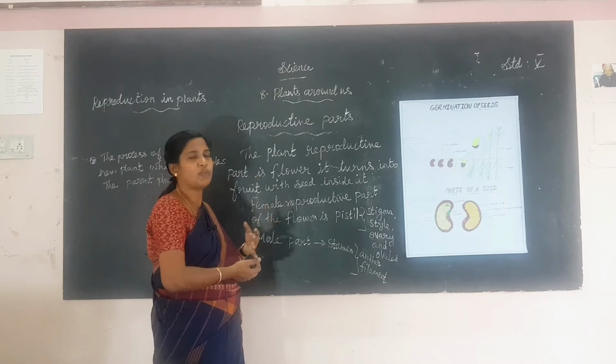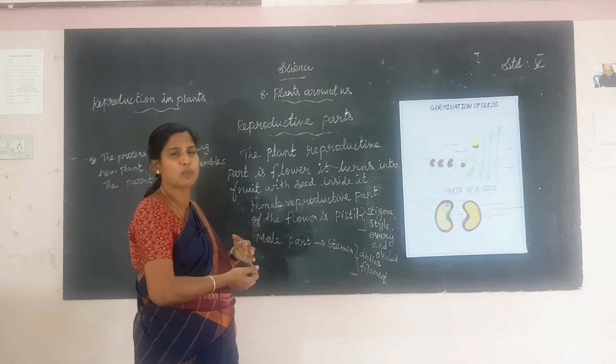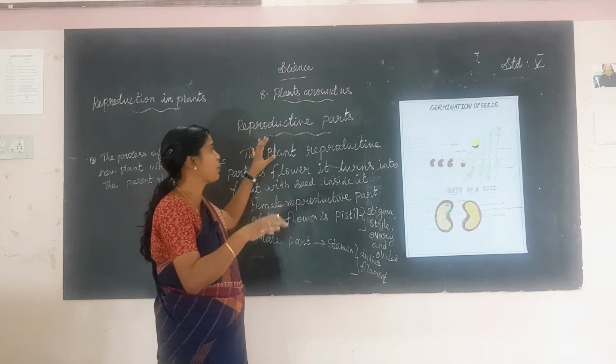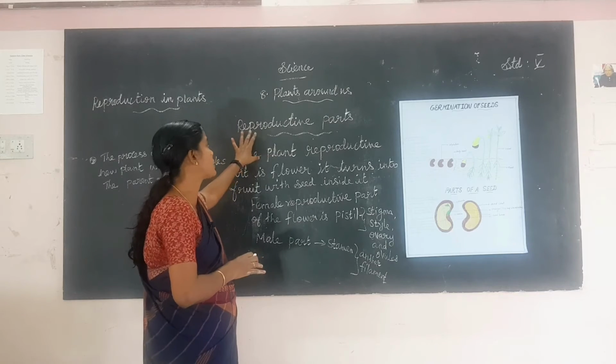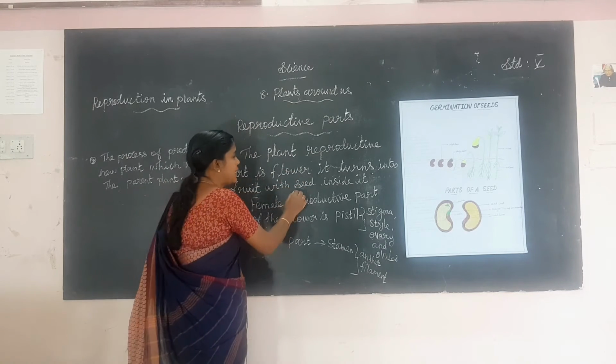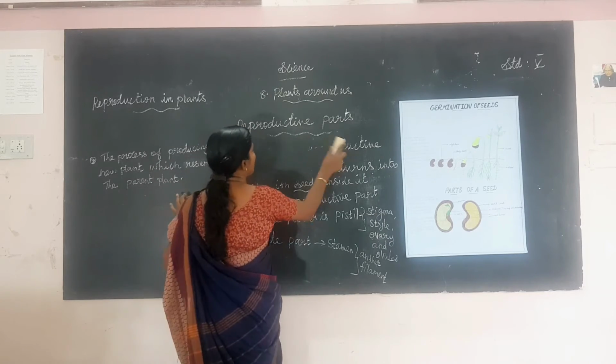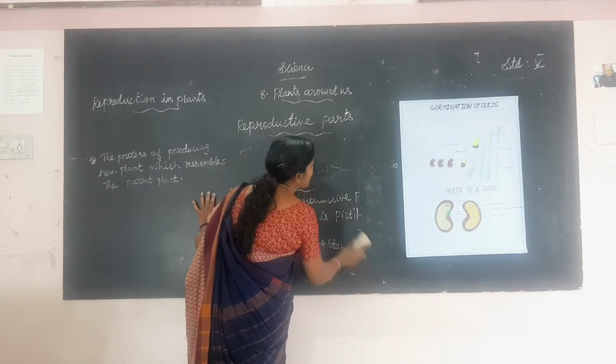In the reproductive part, the fern follows the spore method. Spores are used to grow new plants. The reproductive part also uses seeds. First, the seed growing method, germination of seed.